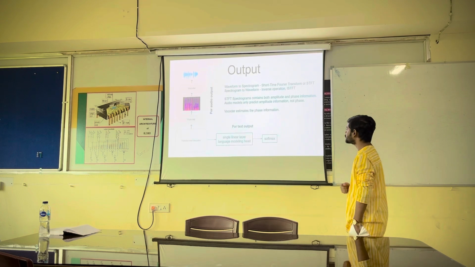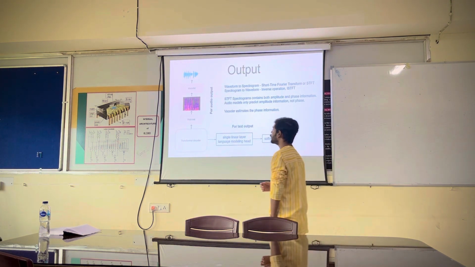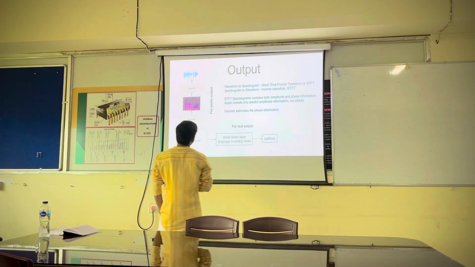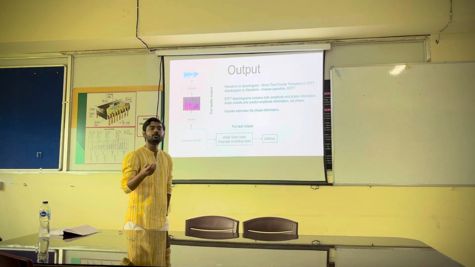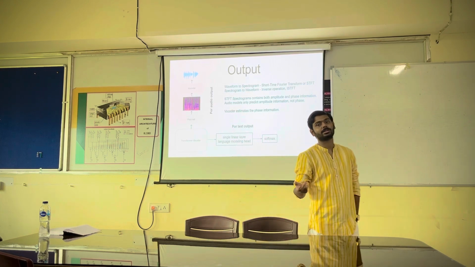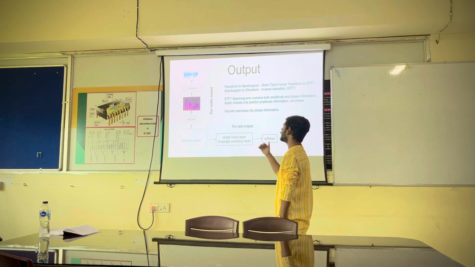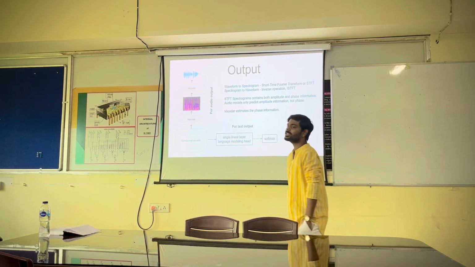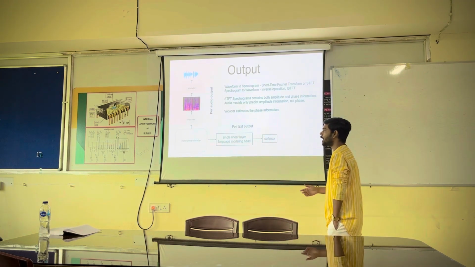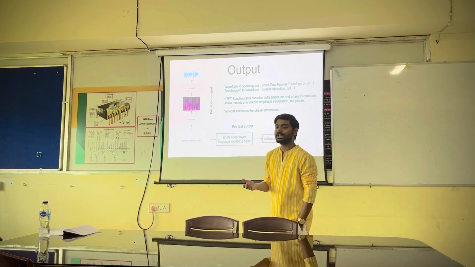Next. So now the output. If you want text output, maybe the application is speech to text. For text output, we simply pass the output from the transformer decoder to a language model head.